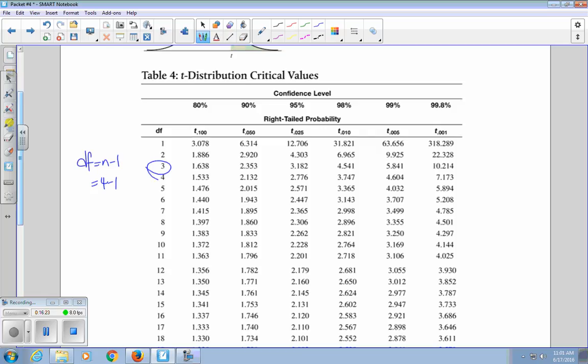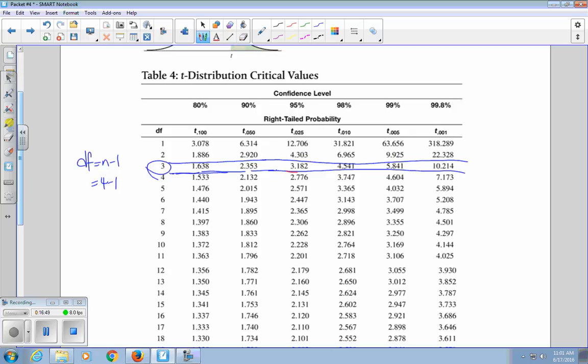We calculated a t-statistic of negative 3.33. And it only gives us the positive ones in this table. So we're thinking about 3.33. And so if we go across in this row of degrees of freedom equaling 3, I'll just outline this row. We're looking at the number 3.33.